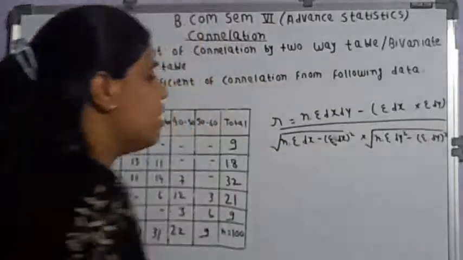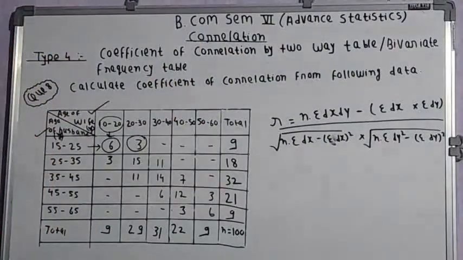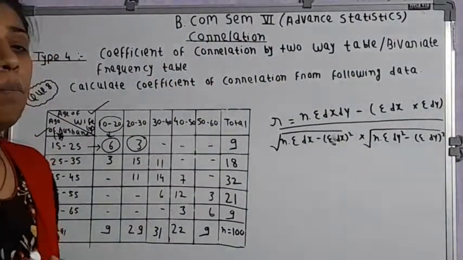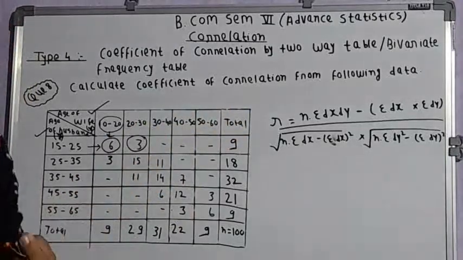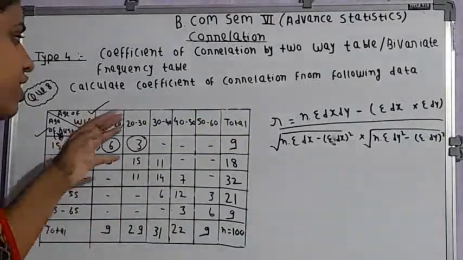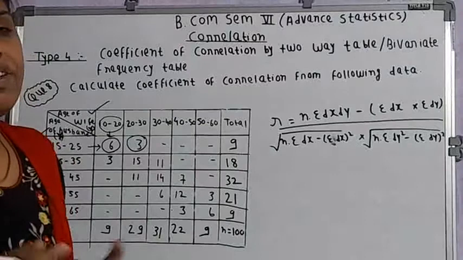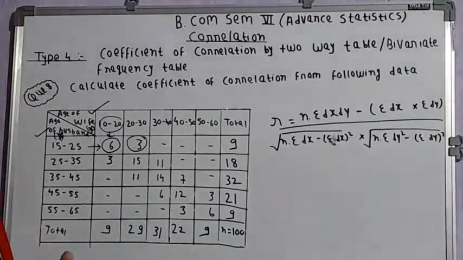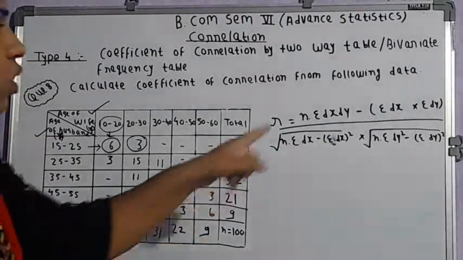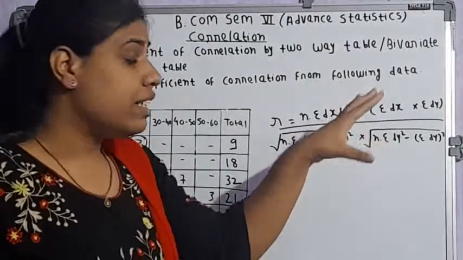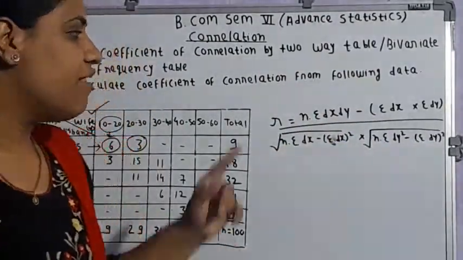Okay, this is the formula that we use when the frequency is not given, but we have to make a little modification in this formula when the frequency is given. What we have to do? We have to multiply the frequency in each and every component, in each and every factor.